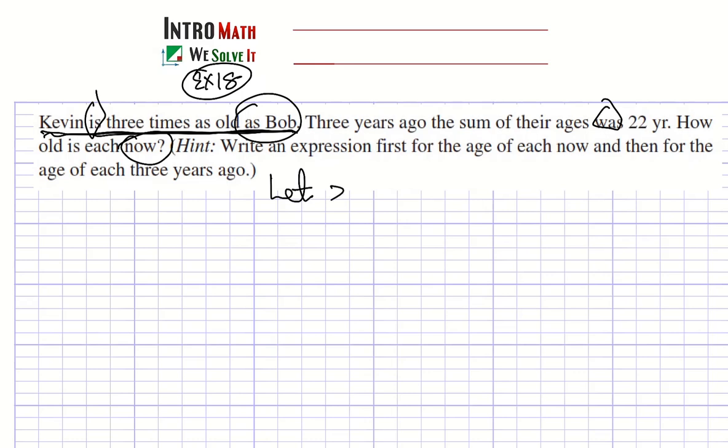So let X be Bob's age today. This is his age today.